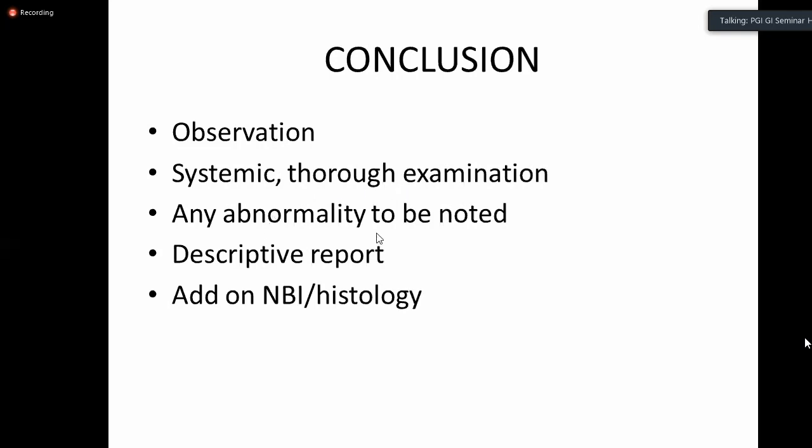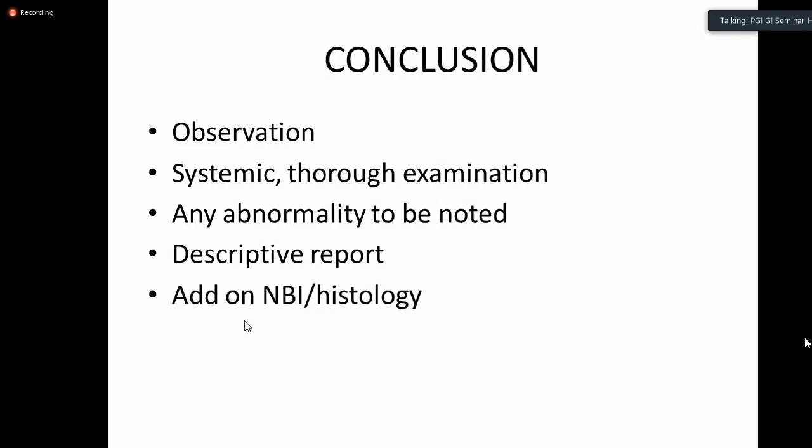Any abnormality, mucosal, vascular, structural, functional, like distensibility or peristalsis, has to be noted. The report has to be descriptive, and for conditions which have grading, the report has to be as per grading, so that anyone and everyone can understand that, and more so, if a patient has to be followed up, you can compare.